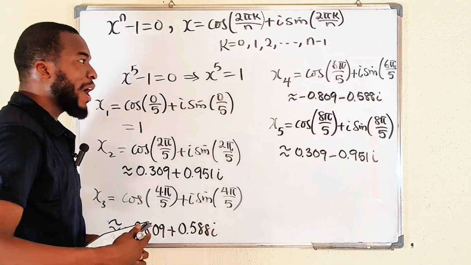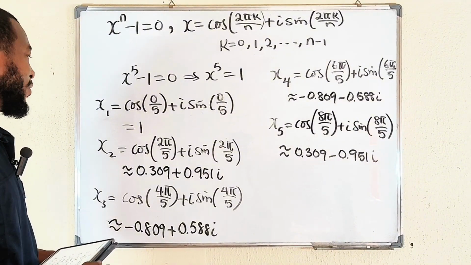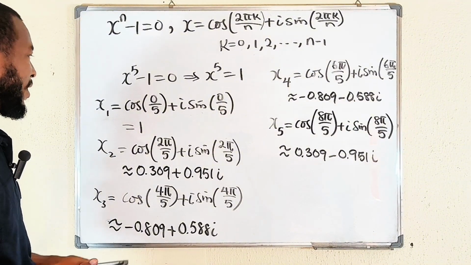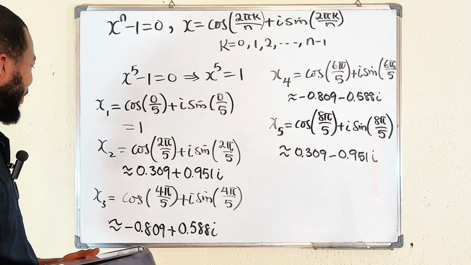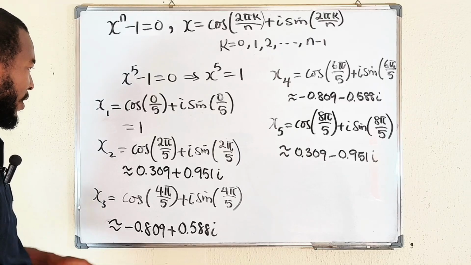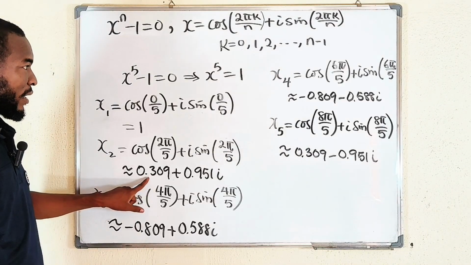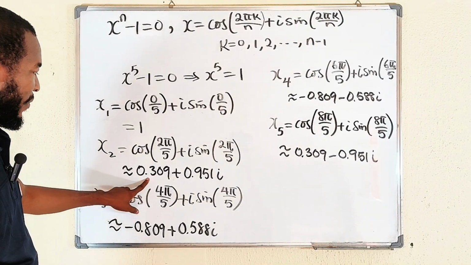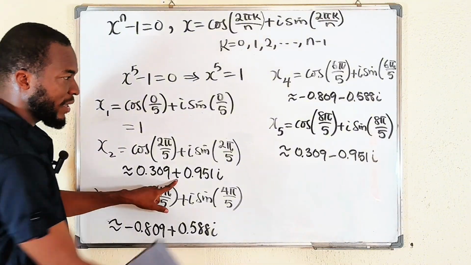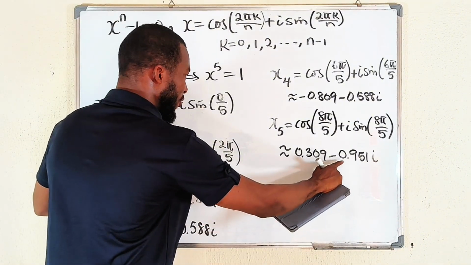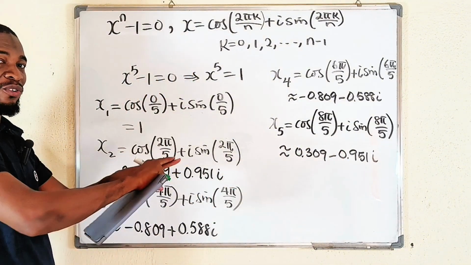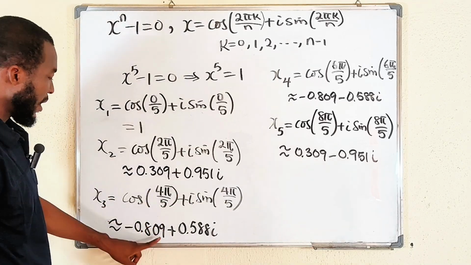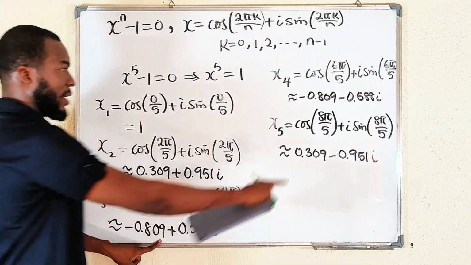So if you observe, we have conjugates. Remember, I told you whenever you have a complex solution, its conjugate is always going to be a solution. Look at this one, where we have plus here. This one has minus. So this solution and this solution, they are conjugates of each other. Look at this one and that one.